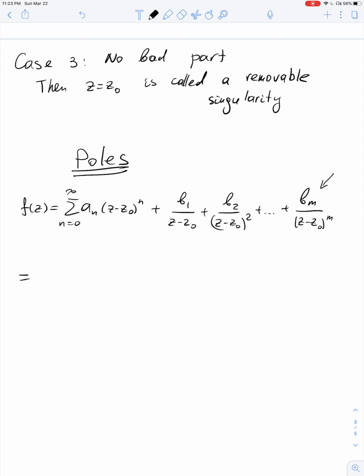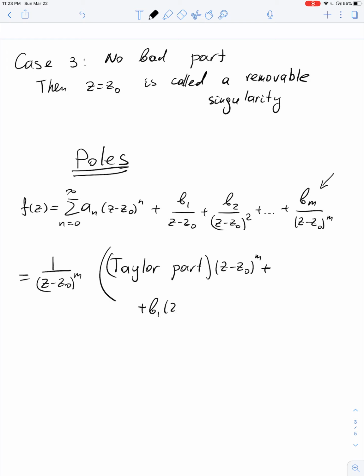My point is that now I can factor z minus z0 to the power m out, and we get the Taylor part of f times z minus z0 to the power m plus b1 times z minus z0 to the power m minus 1 plus so on plus b_m.